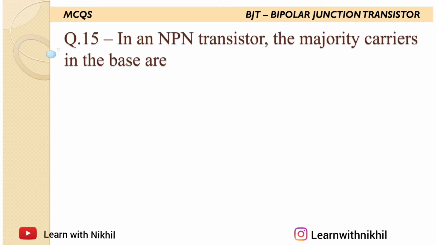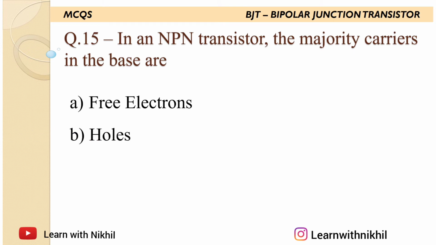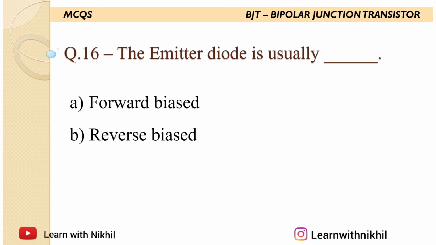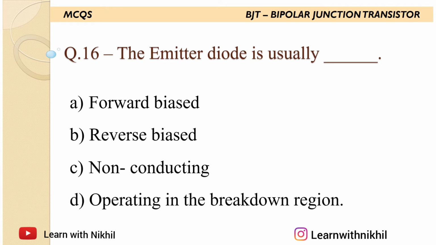Next question. In an NPN transistor, the majority carriers in the base are A, free electrons; B, holes; C, neither; or D, both. And the answer is holes. Next question. The emitter diode is usually dash. A, forward biased; B, reverse biased; C, non-conducting; or D, operating in the breakdown region.